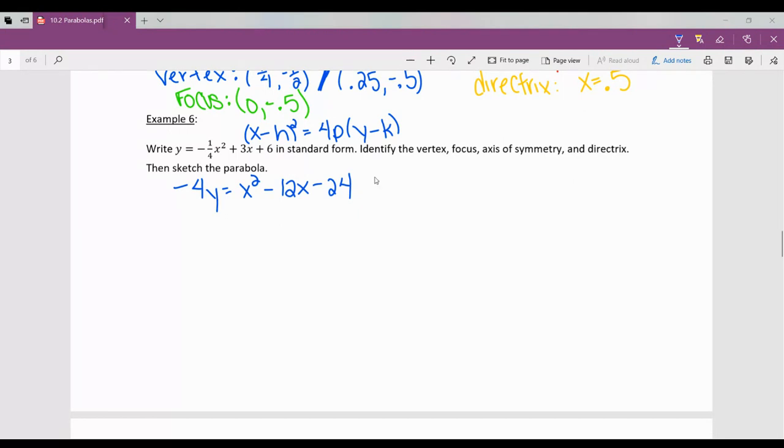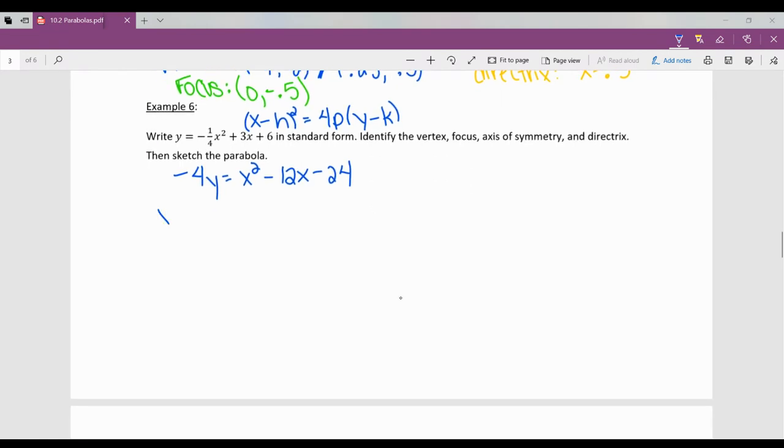Okay, so I want to complete the square, so I'm going to bring all of the y's and constants to one side and keep my x's on the other. So we've got x squared minus 12x plus blank equals -4y plus 24 plus blank. All I did really in the step above was just add the 24 over, but I reorganized the sides because I wanted that x squared to be on the left-hand side.